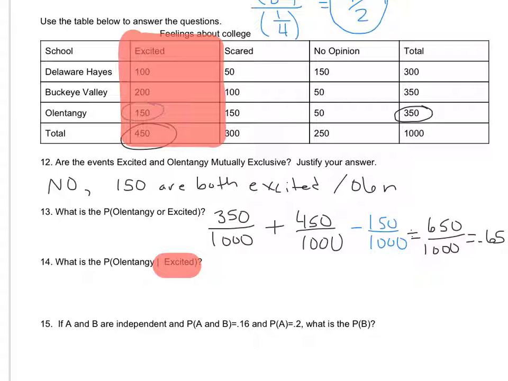So since it's already been determined that they're excited about college, we only have to think about, of those 450, how many are from Olentangy? That'd be simply 150 out of 450, which reduces to 1/3. So just remember, a table is pretty simple because you just look at which ones you have.